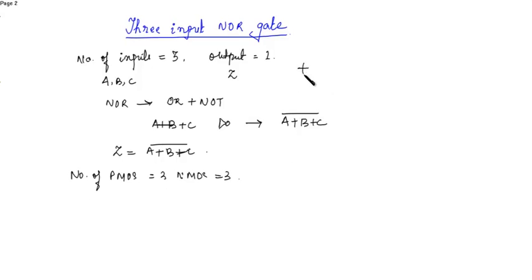When there is a plus operator, the NMOS is in parallel and the PMOS is in series.